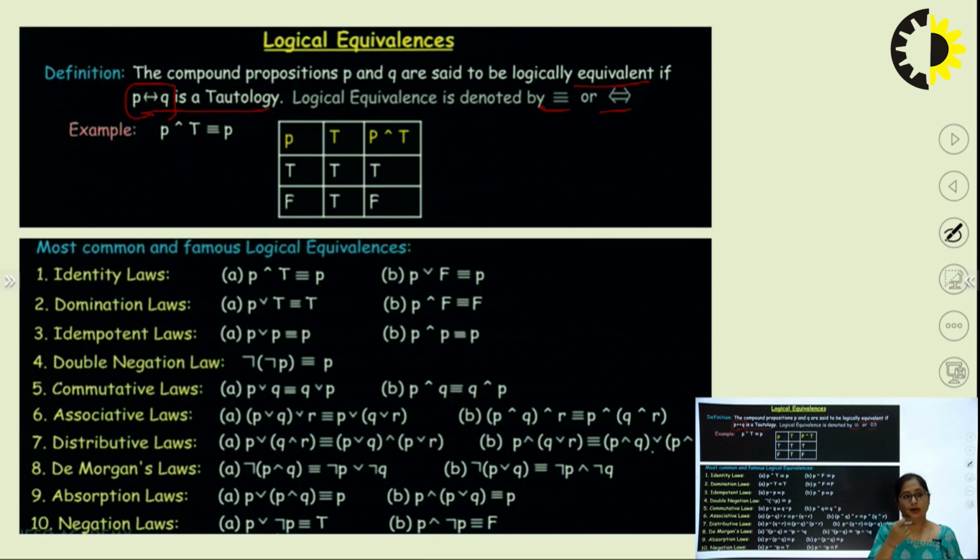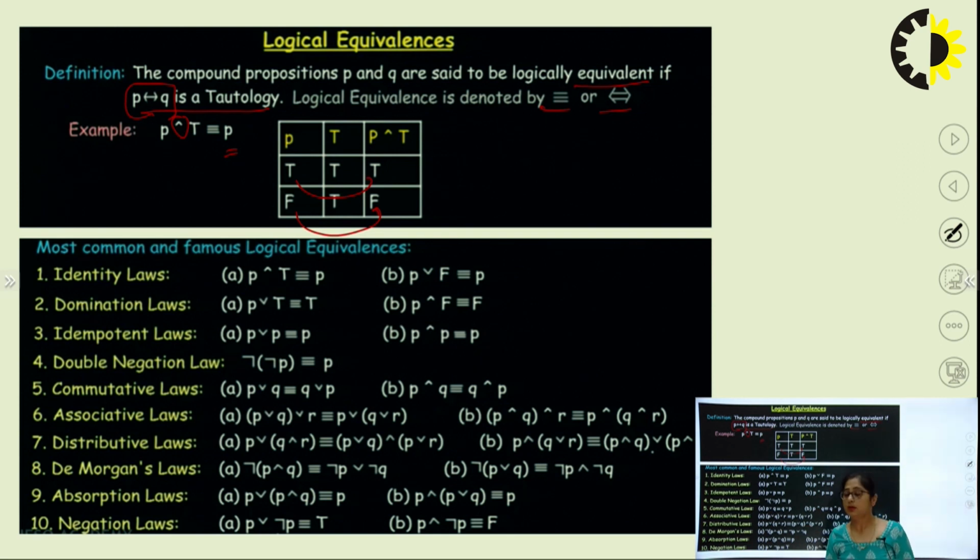So here P conjunction T is logically equivalent to P, because whatever the value of P, true doesn't affect that value. Conjunction, we can say, is the intersection. So the intersection will give you the false value when P is false, and the true value when P is true.